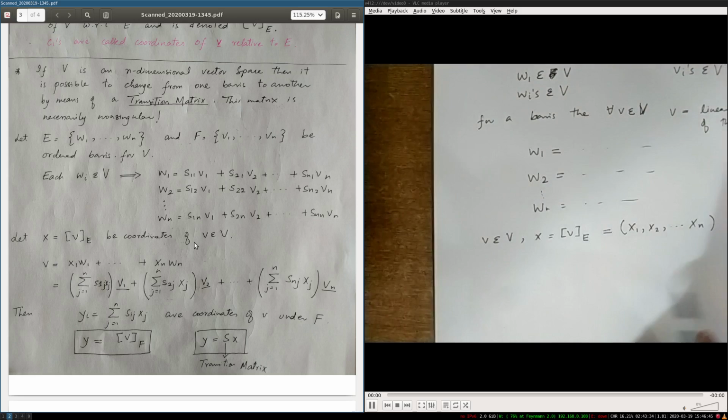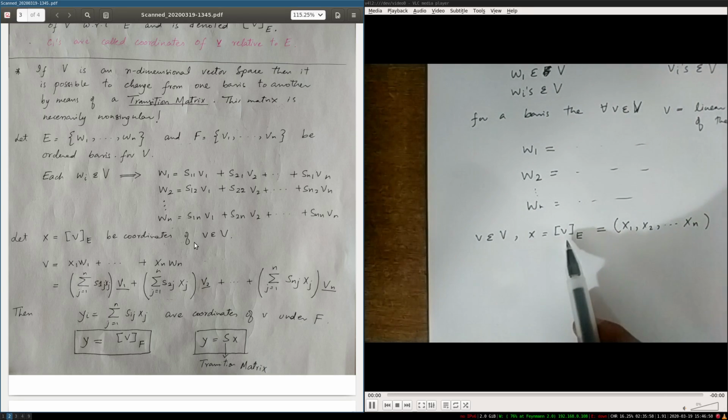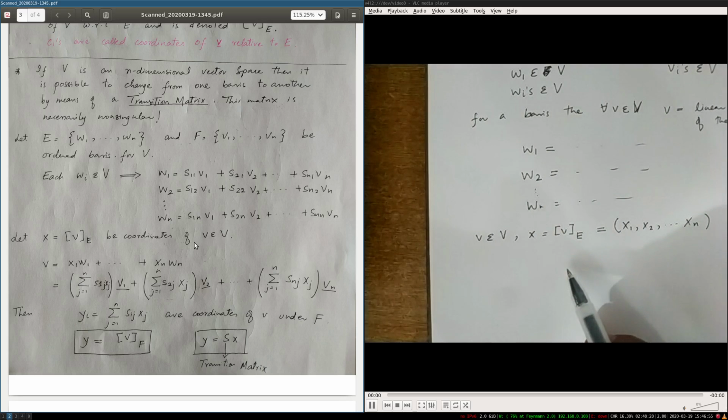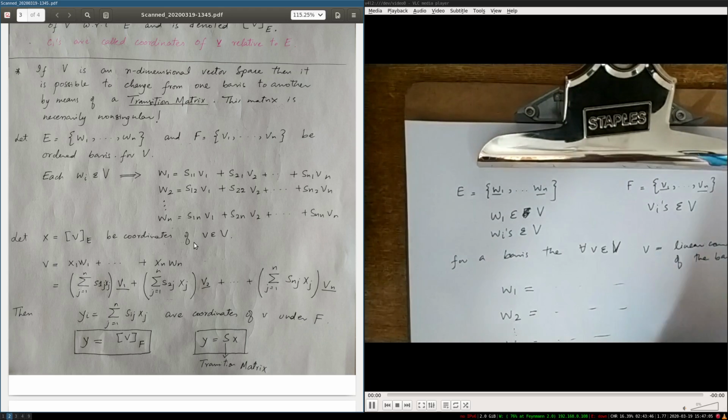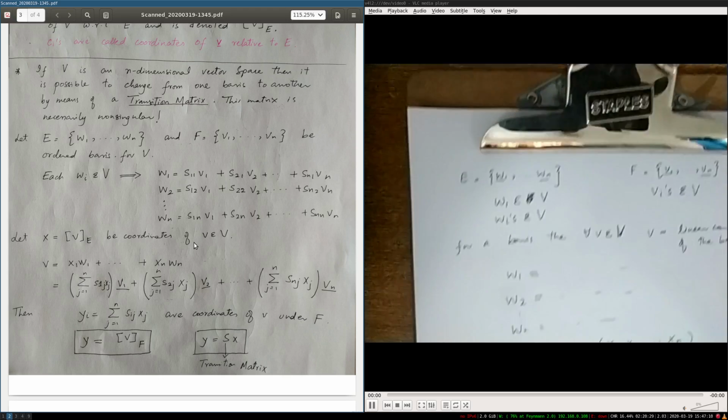So these are the coordinates of V under the basis E. And so I want to switch from this E basis, which was W1 to Wn, to V1 up until Vn. And let's see how we can do that.